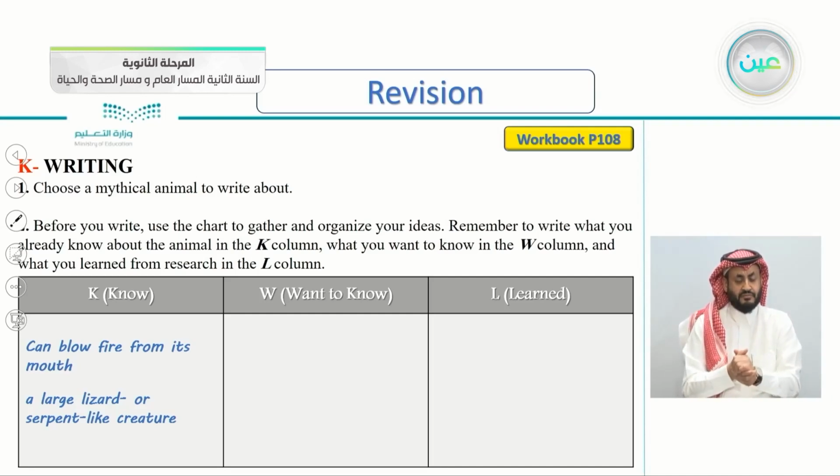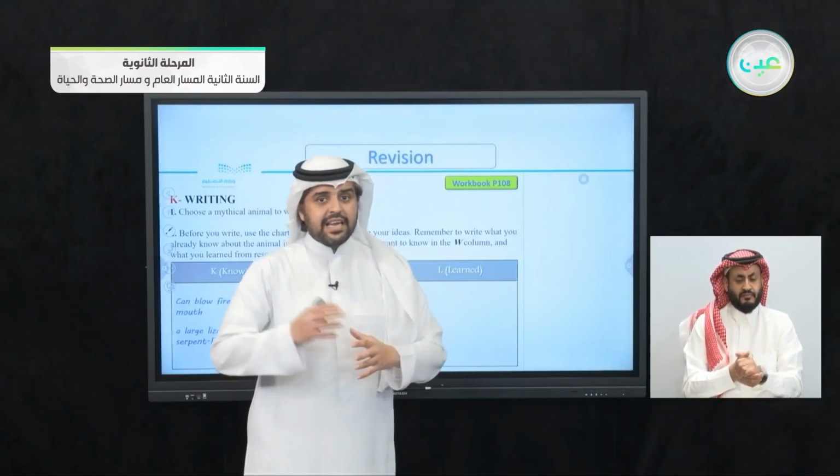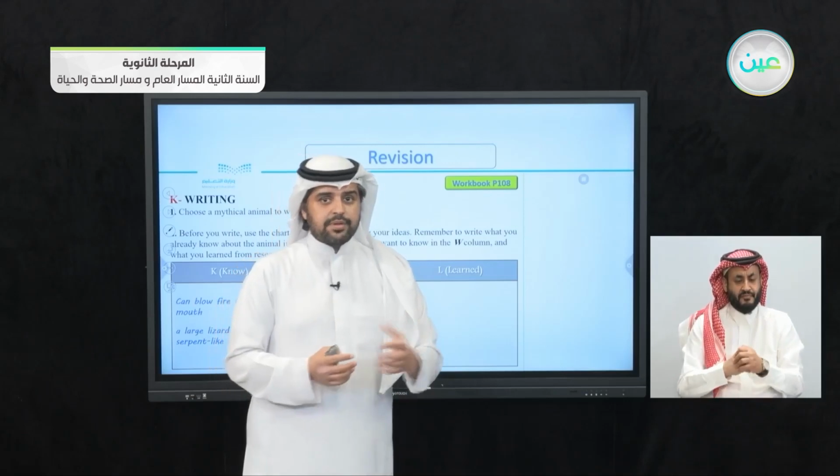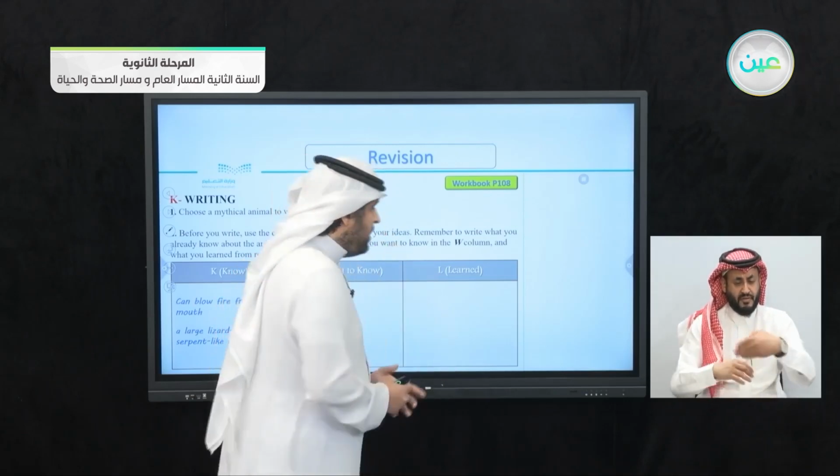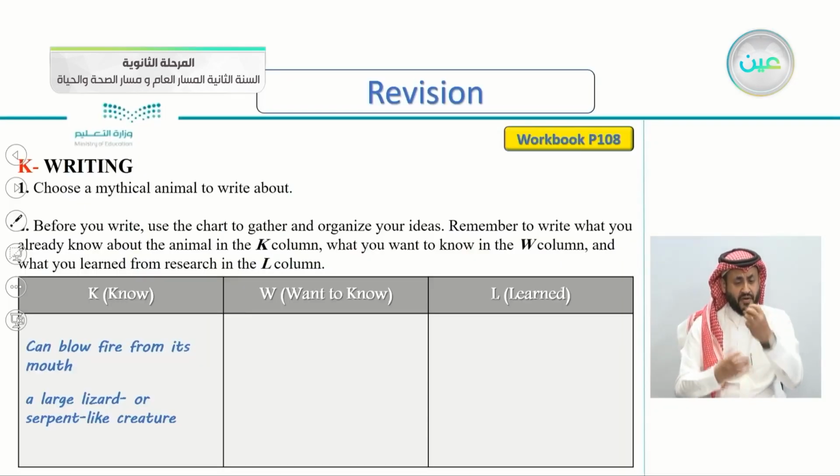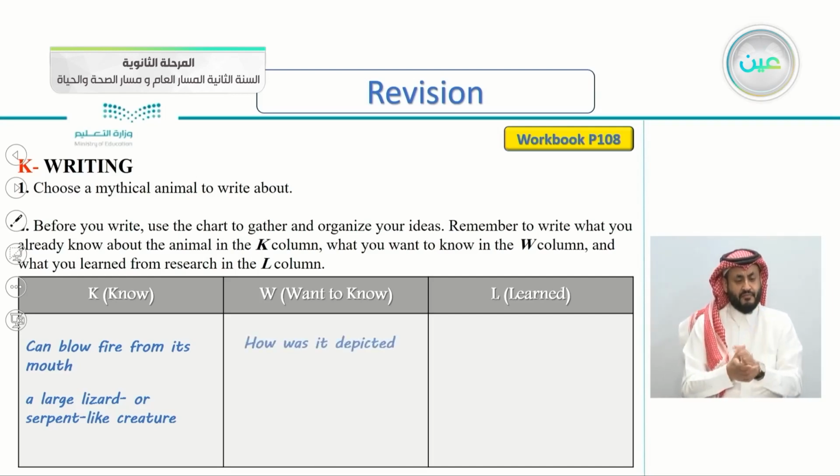It's a creature just like a lizard or a serpent. So again, what I already know, that it can blow fire from its mouth, and it's also a large lizard or a serpent-like creature.